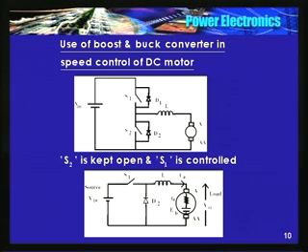So by controlling the duty cycle of the switch S1, I can control output voltage and therefore the speed. Voltage applied to the armature will determine the speed of rotation. Omega is directly proportional to voltage applied to the armature.